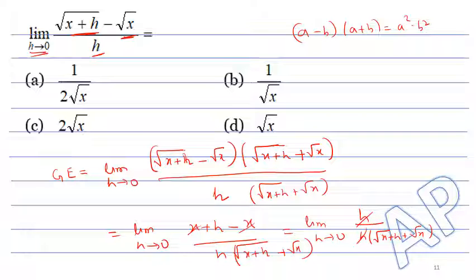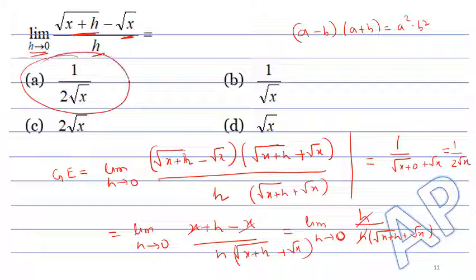Now h is eliminated. Now as h approaches 0, when you put h is equal to 0, you will get 1 by root of x plus 0 plus root x, which is nothing but 1 by 2 root x. So answer is option A here.